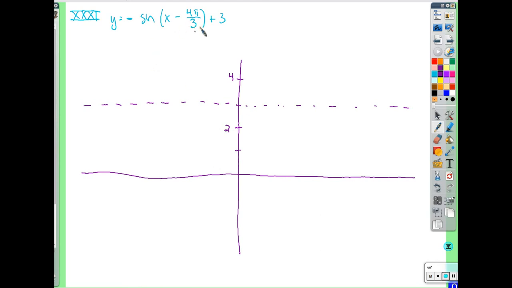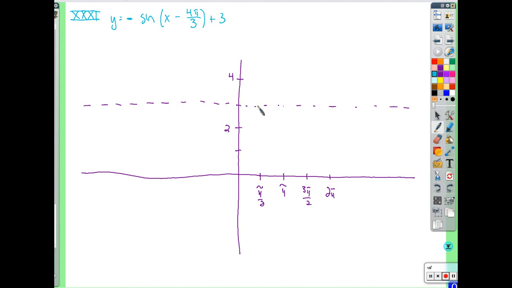It's going to move to the right 4 pi over 3. So let's mark these off at pi over 2, pi, 3 pi over 2, and 2 pi. Again, just normally it would look like this.